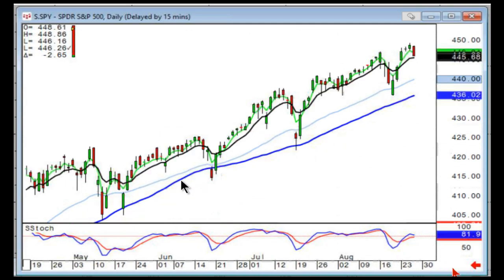So what you can see here, guys, on the S&P 500, or in this case, we're looking at the SPY. The first thing that we want to look at when analyzing an opportunity is, what is the pattern?